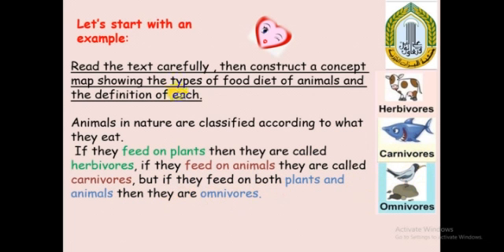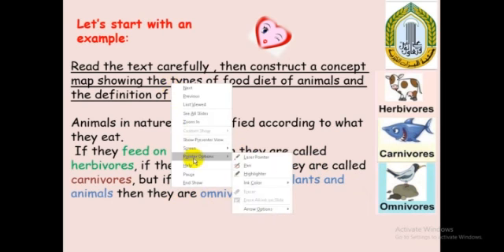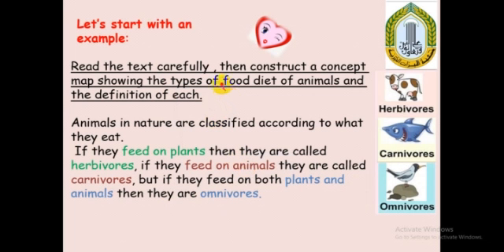So let's go back to our question. As we have said, we have to find out the main title that we are going to put in our first frame. We have to know the meaning of the arrow, this is the first key. So we need the types of food diet. Do you know how many types of food diet we have? Excellent, that's 3.